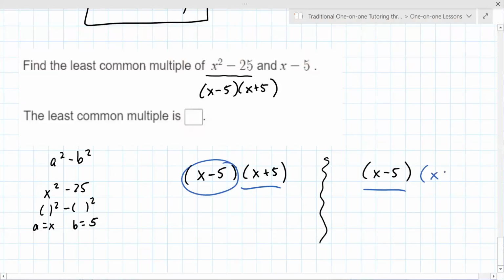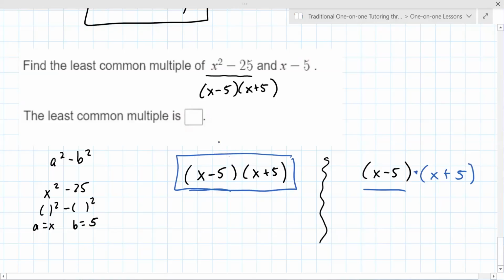I'm sorry, I underlined the wrong thing. This is just not a great way to explain this. The x minus 5 is the same in both, so you need to add the x plus 5 to the one on the right. So in short, this is your least common multiple. Hopefully there are some questions coming up where you actually have to add and subtract so we can make this clear.